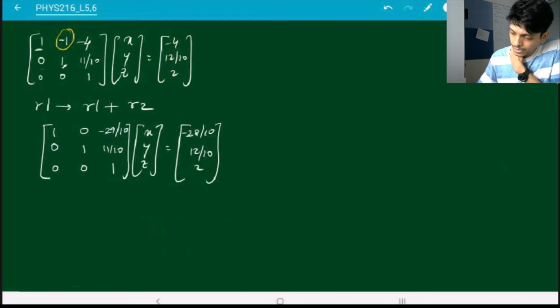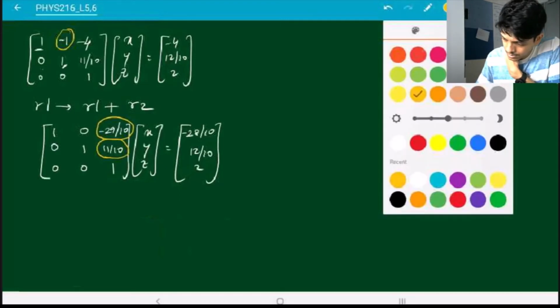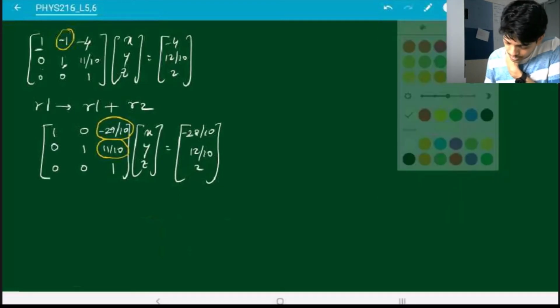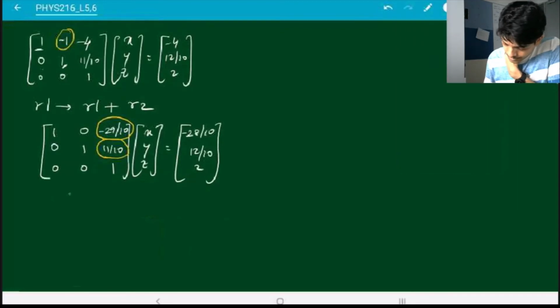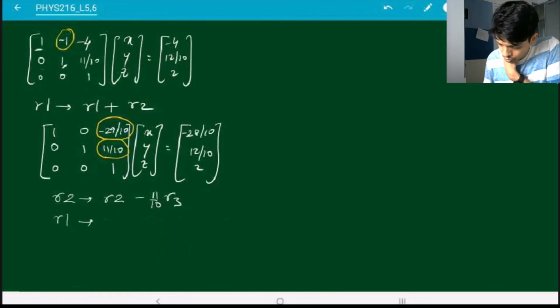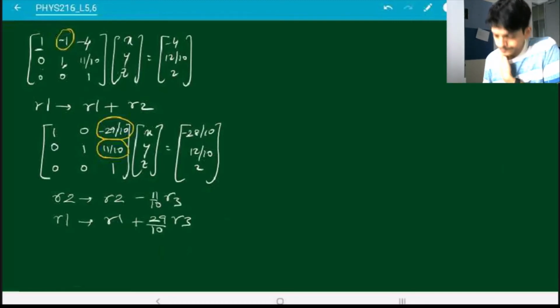Now the same thing we can do in the third column. I want to eliminate this one and this one. So nothing happens to R3, but R2 goes to R2 minus 11 tenths of R3, and R1 goes to R1 plus 29 tenths of R3.